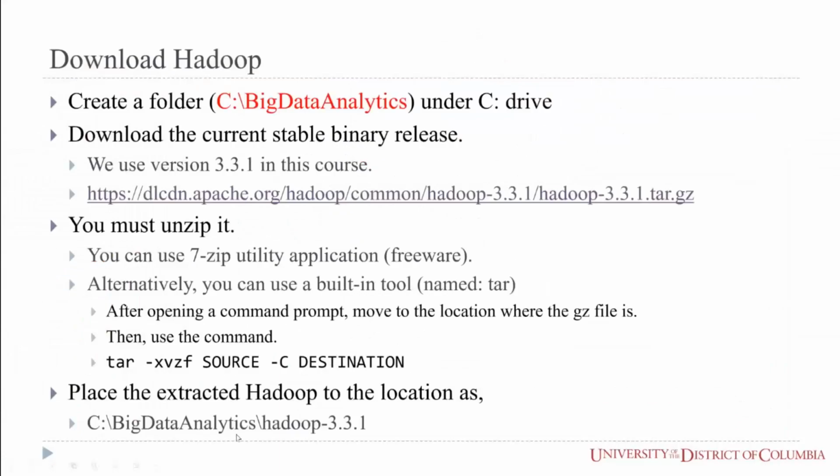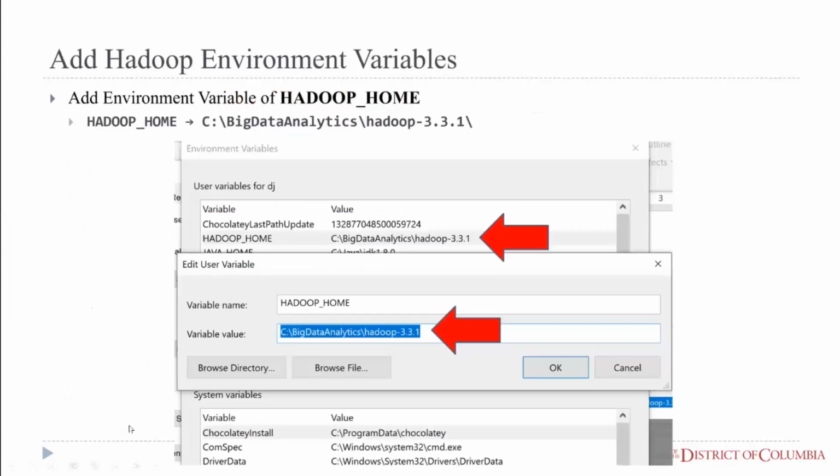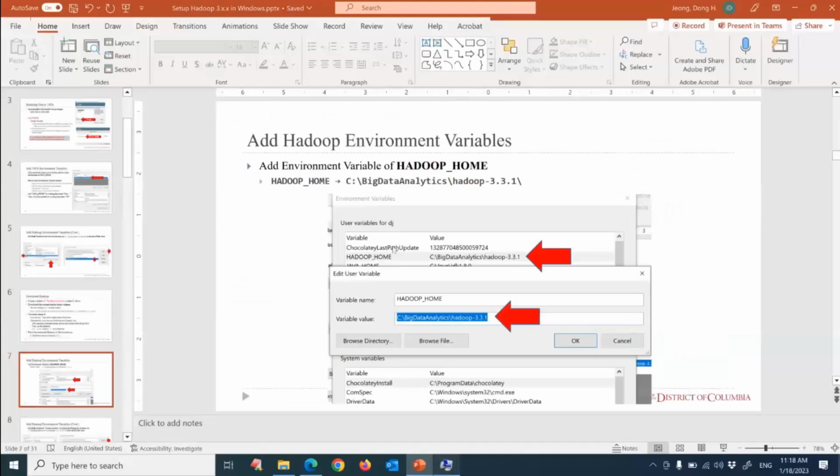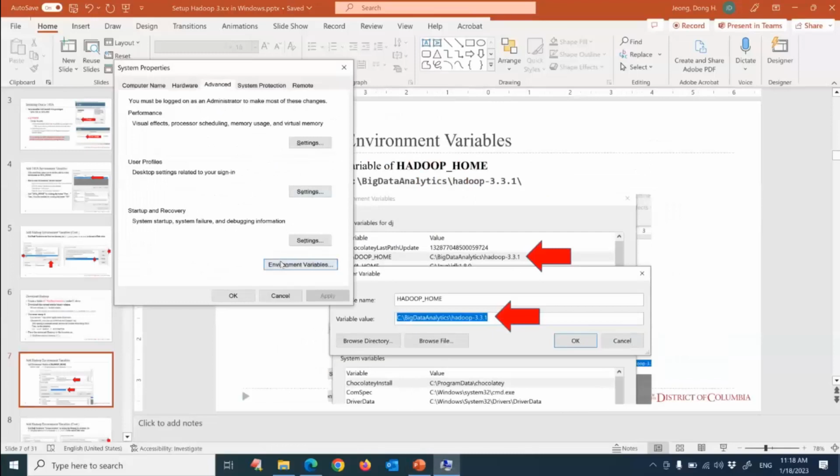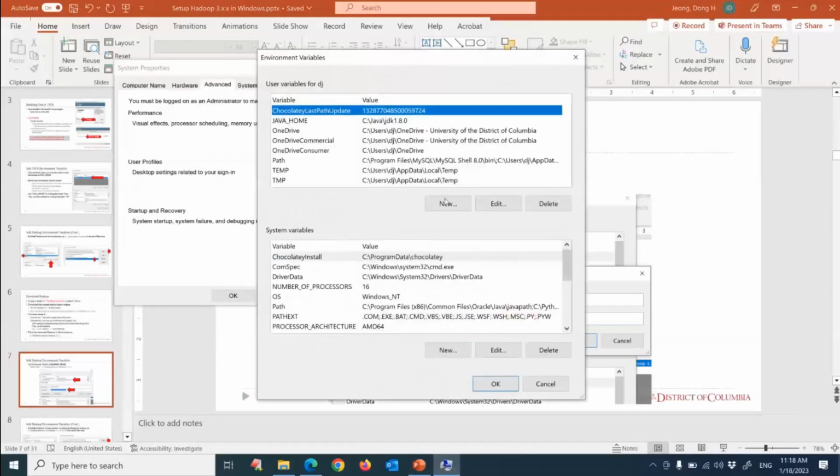Now I have finished the uncompressing and moving the uncompressed files under the C drive big data analytics. Now what you need to do is add additional setup for the system environments. First, you need to add the Hadoop home directory. So for the Hadoop home, you need to go back to the system properties, environment variables.